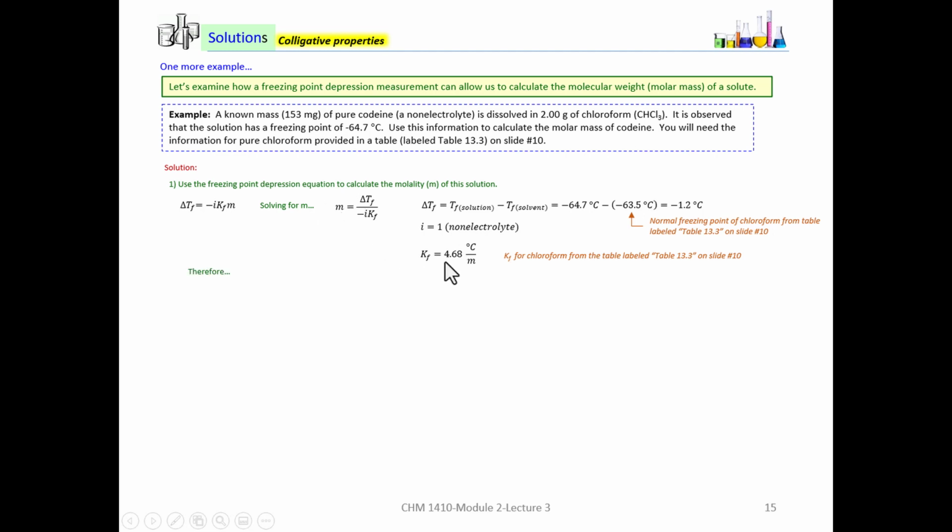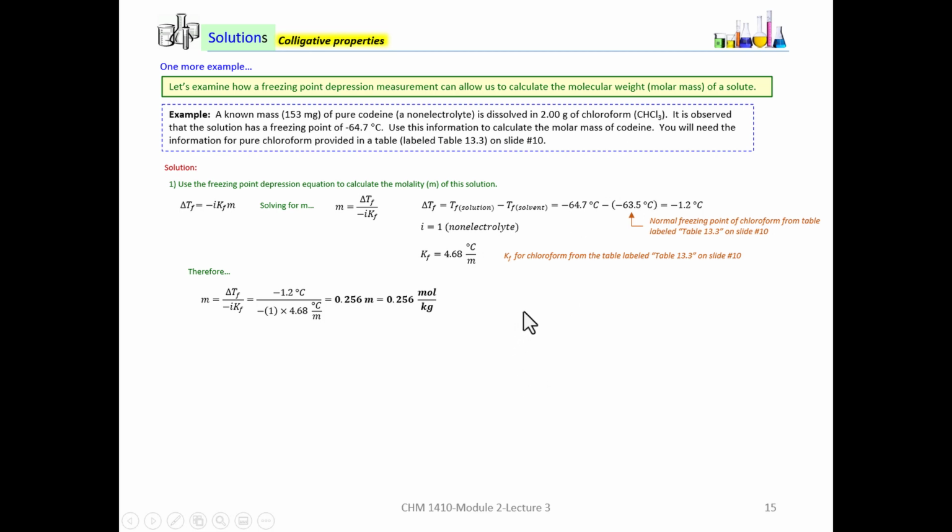So let's do that. When we put in the numbers, we end up with 0.256 molal for the concentration, and it will be helpful to remind ourselves that this means 0.256 moles of solute codeine per kilogram of solvent chloroform.